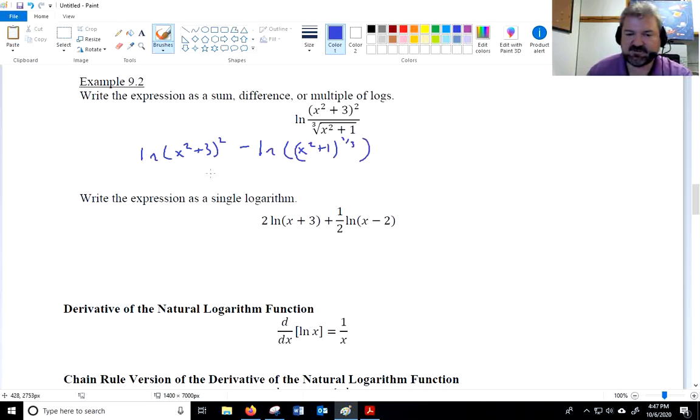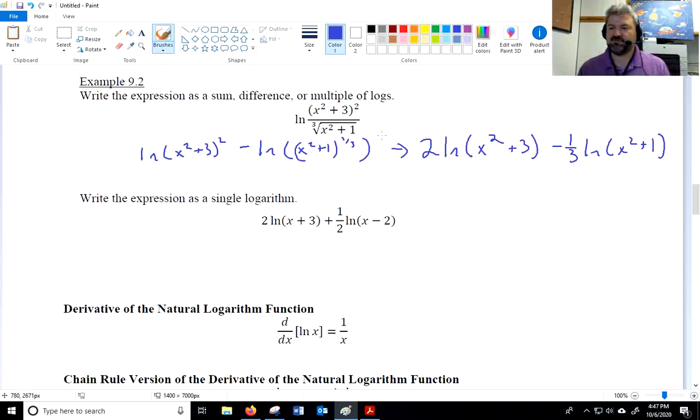But I can bring these exponents out in front, making it 2 times the natural log of x squared plus 3 minus, I'll bring the 1/3 out, the natural log of x squared plus 1. So that expands it out as far as we can.